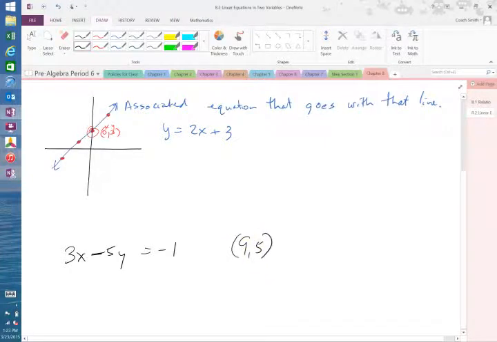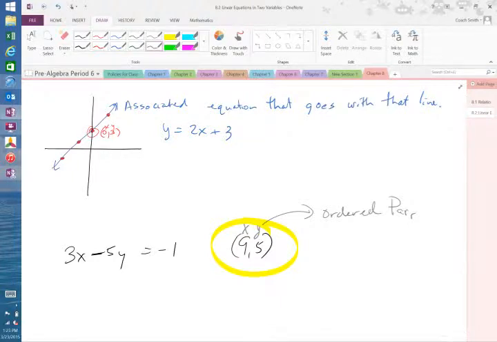That is the ordered pair. That is our x and y coordinates of a certain point. What they want to know is, does that point (9, 5) lie on the line that is represented by 3x minus 5y = negative 1?